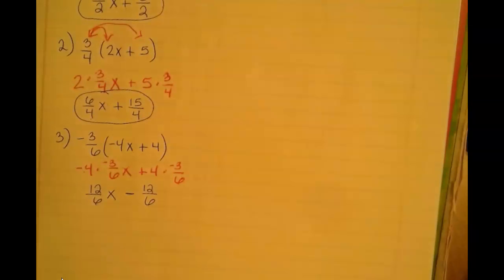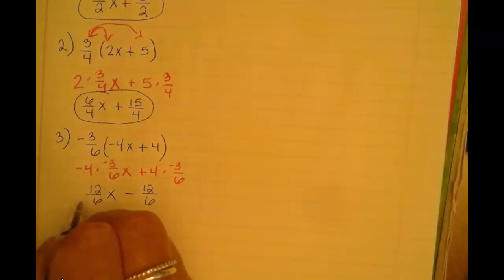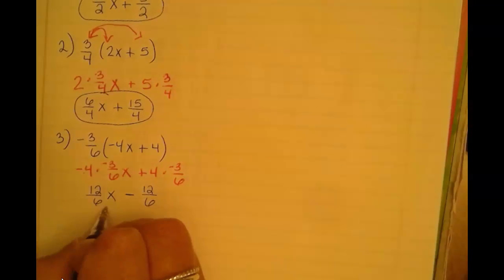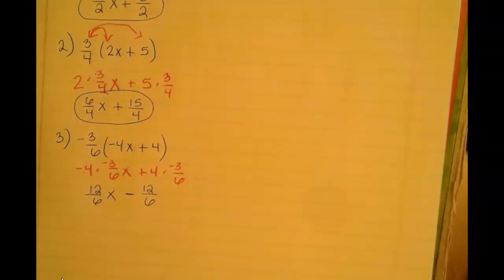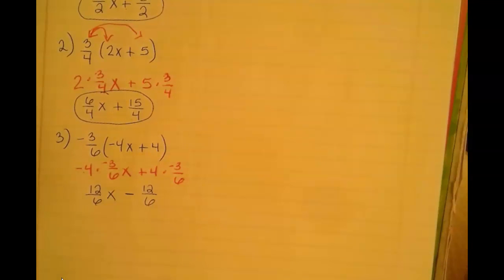Okay? We do need to simplify on this one. We said that we would only simplify by division, right? And when we see that 6 will go evenly into 12, that really is division. We're actually dividing the top and the bottom by 6, but the bottom becomes a 1, which turns it into a whole number, right? But you can also think of when it goes in evenly from bottom to top, it turns it into a whole number, right?